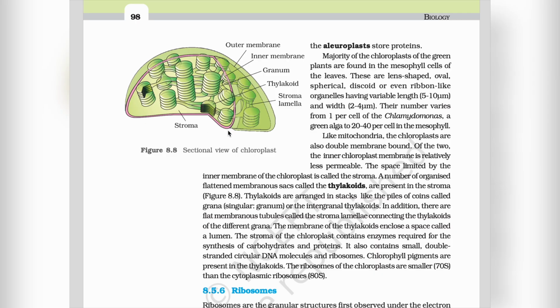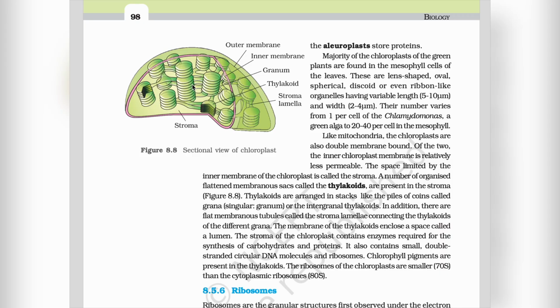So this is the structural view of chloroplast, outer membrane and then the inner membrane. And these are membranous sacs stacked one over the other. This one sac is a thylakoid and the stack of thylakoids is called a granum. Inside the chloroplast, the fluid that is filled is stroma.